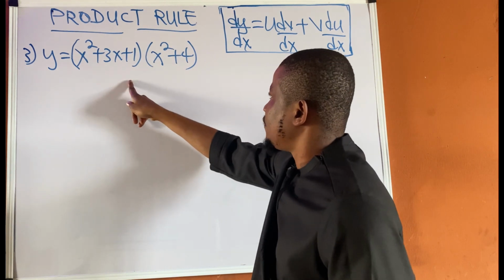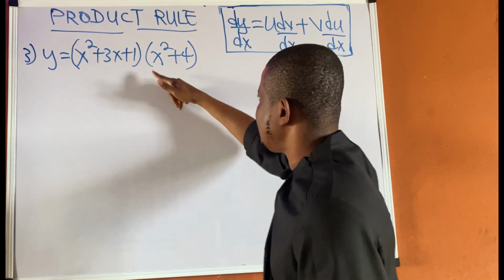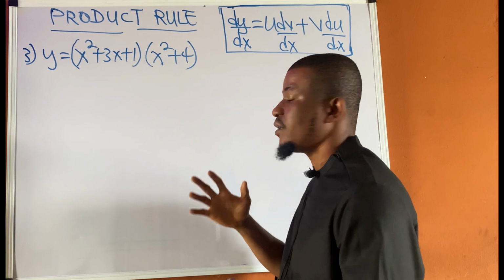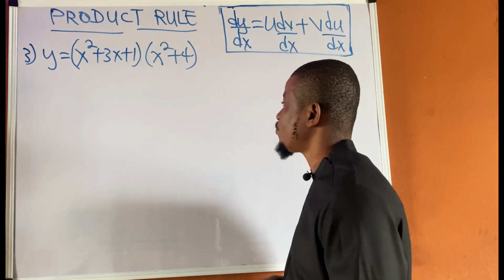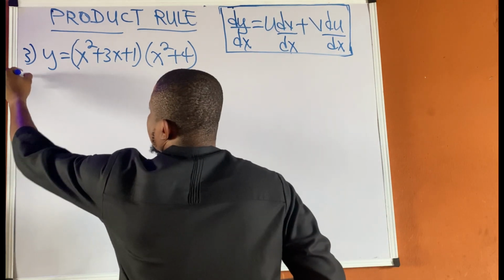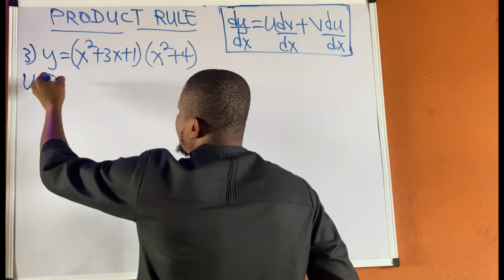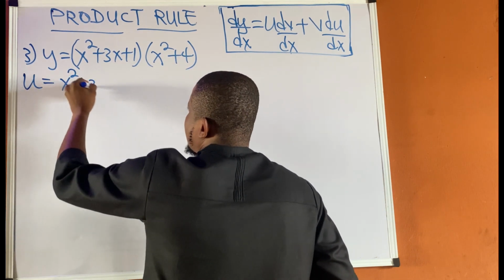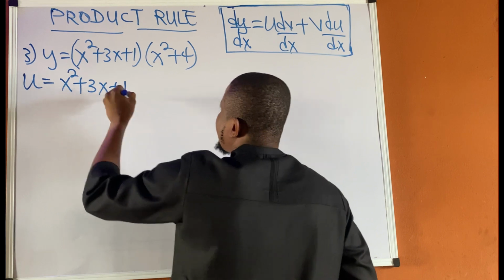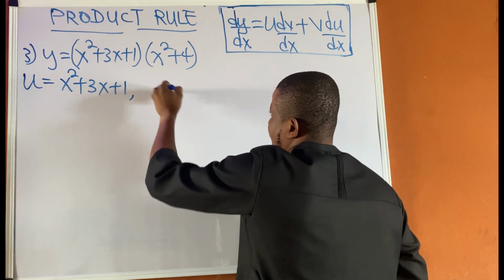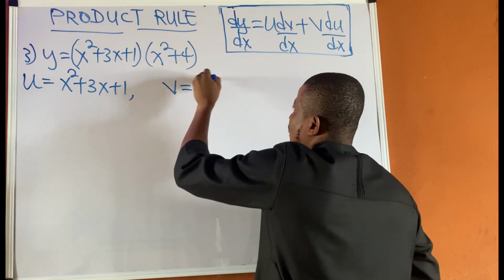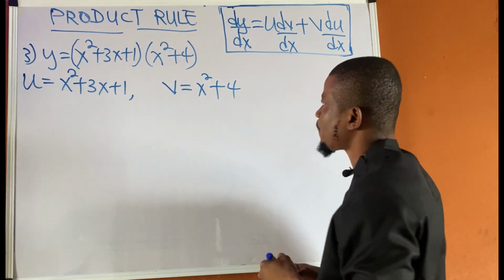This first part, we'll call it our u, and this second part, we'll call it our v. Two algebraic functions multiplying together. So let's say this is our u, x squared plus 3x plus 1, and this part, let's call it our v. v equal to x squared plus 4.